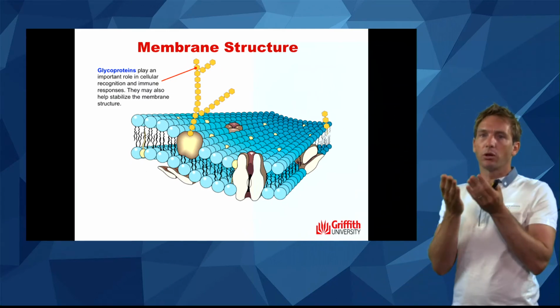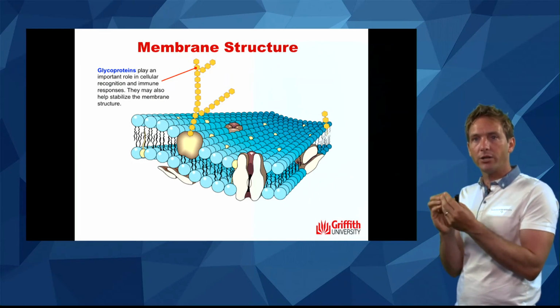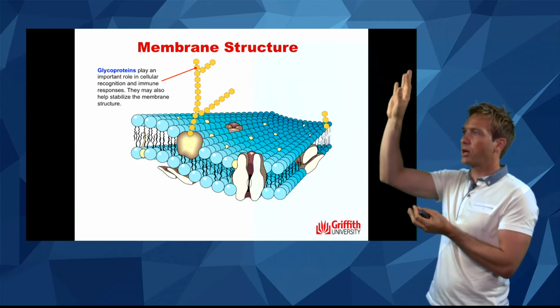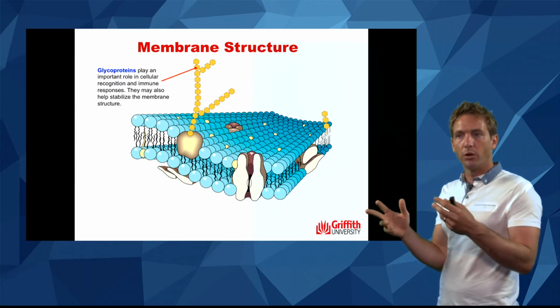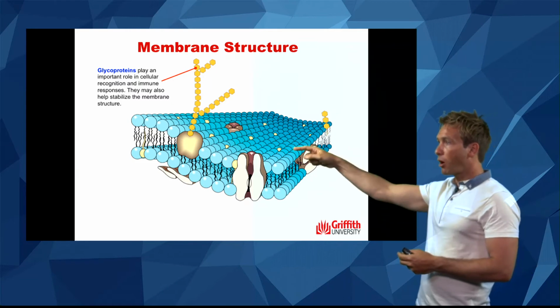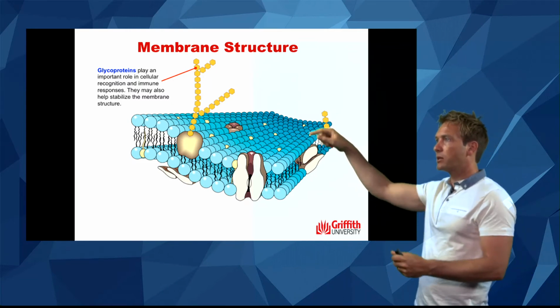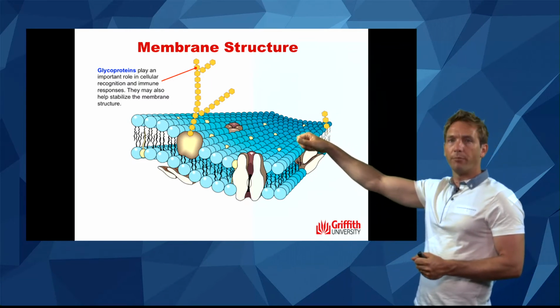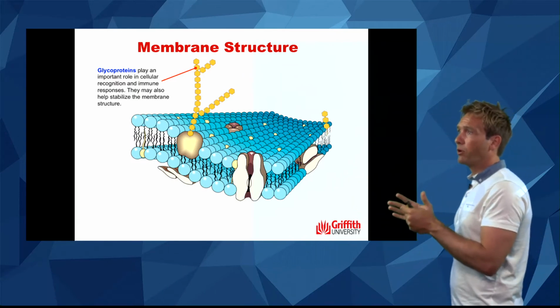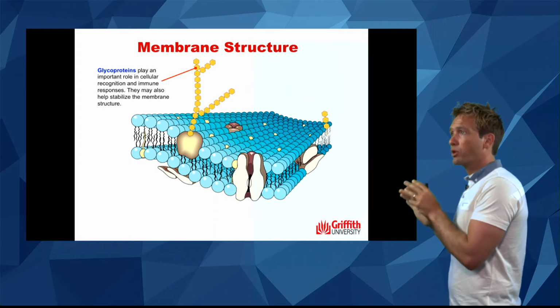And the reason it's called glyco is it has a carbohydrate structure, and that's that kind of tree-like thing, a carbohydrate structure that communicates with things outside the cell. And then it has the protein that's kind of semi-integrated into the cell membrane. And it has an important role in recognition and immune response.